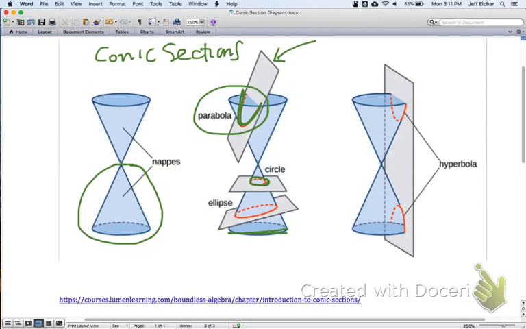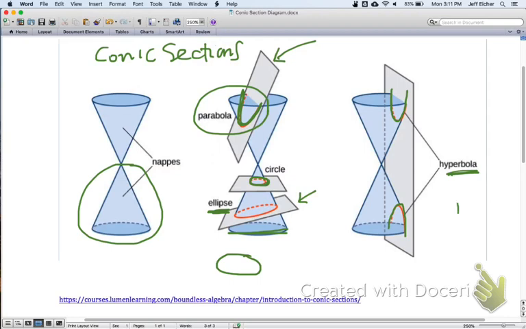And if you slice the cone at a certain angle, you can form an ellipse. An ellipse is kind of an elongated circle, which we'll talk about later in the chapter. And then the last one is a hyperbola. If you take a plane and slice both cones like this, then you would have a hyperbola, which has 2 branches, one at the top and one at the bottom.